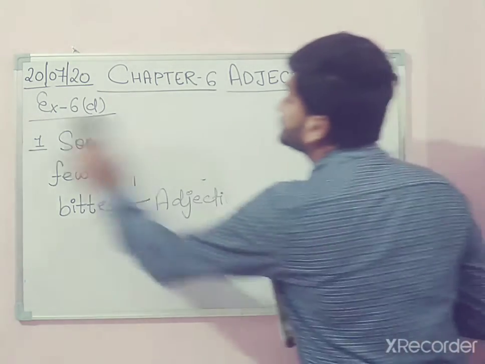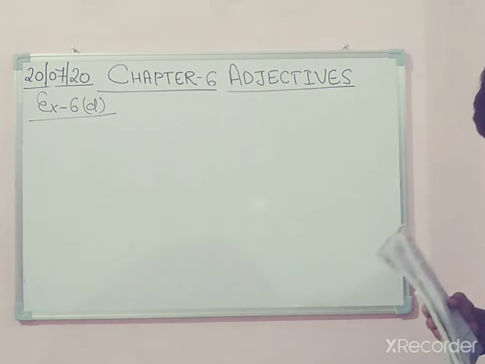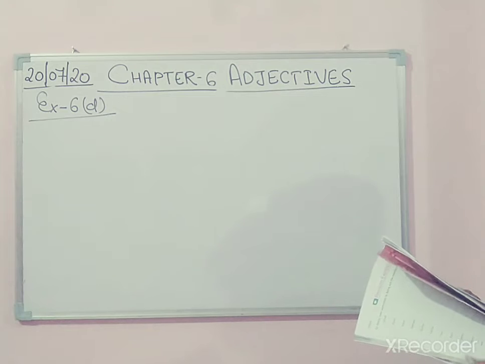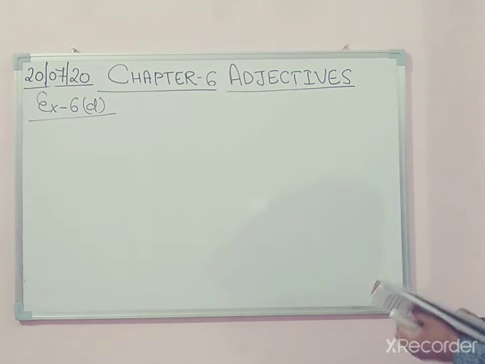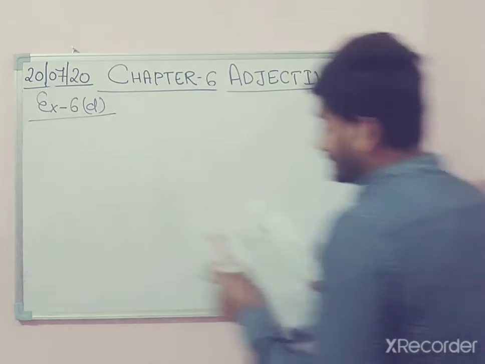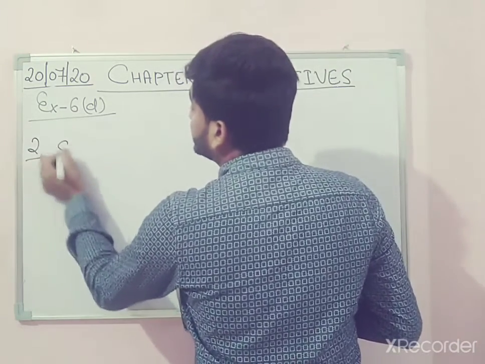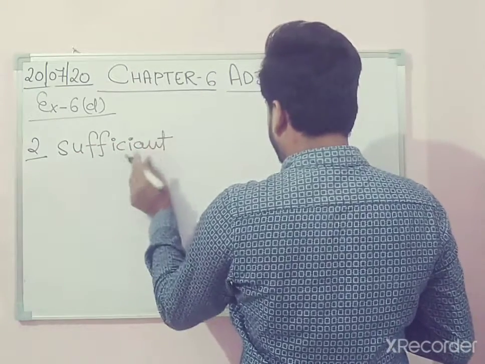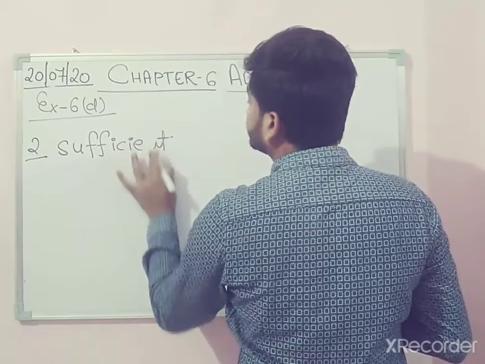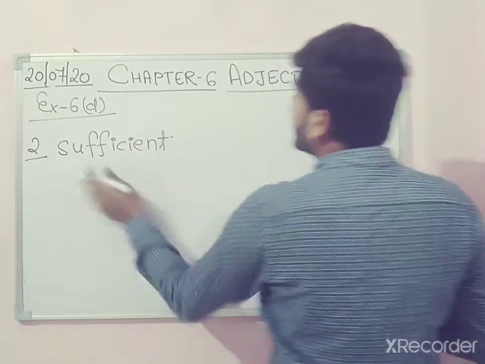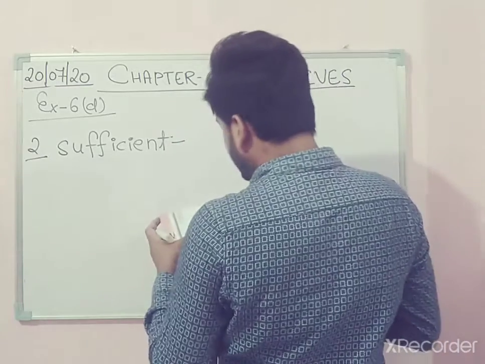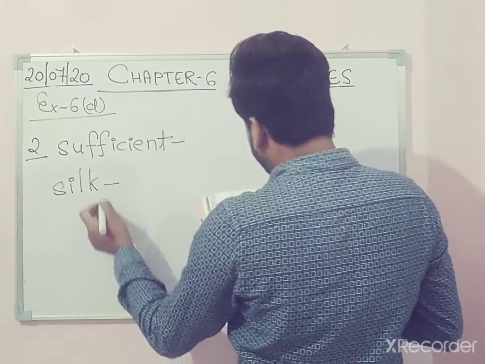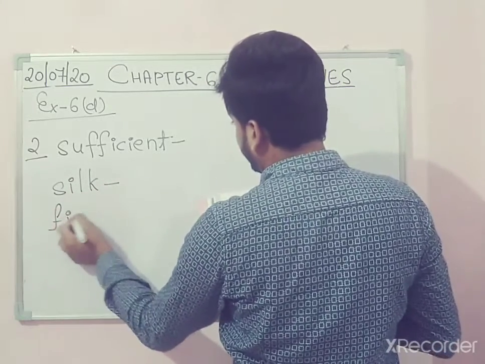Now number 2. Number 2 is: There was sufficient silk cloth to make 5 curtains. Okay. How much? Sufficient. What kind of cloth? Silk. And to make how many? 5 curtains.